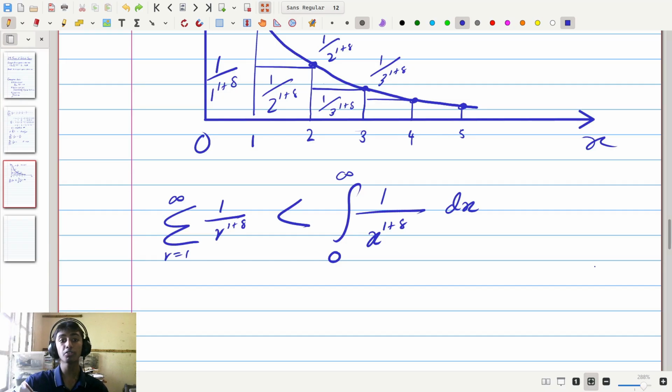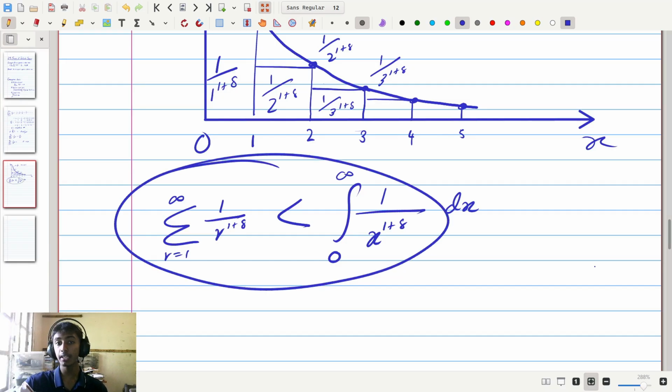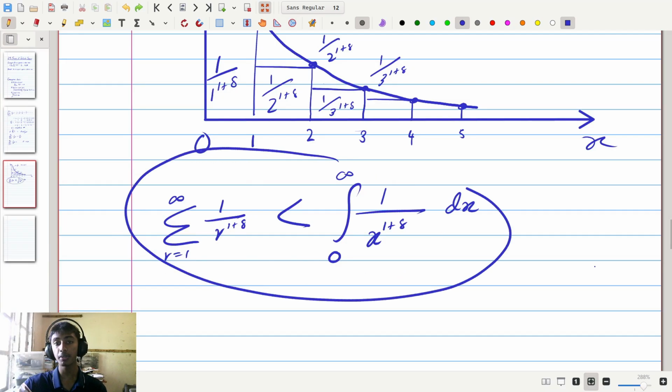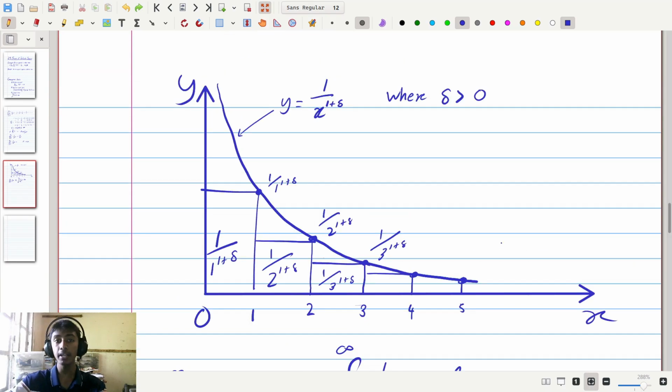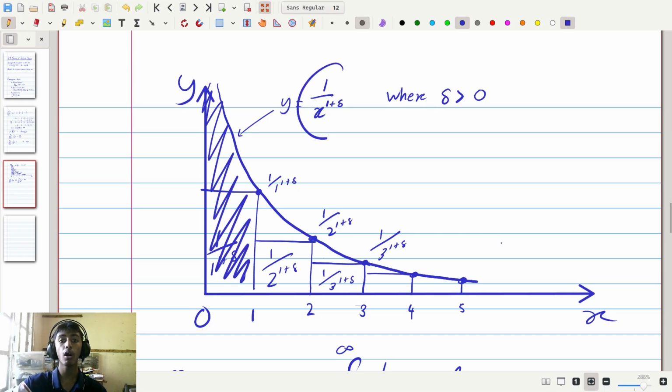At this point, for us to prove that this thing on the left is finite, we're going to have to make one small adjustment to this inequality. The small adjustment is to ignore the area from 0 to 1 of both the graph and the sum. The reason we're doing this is that the area under the curve from 0 up to 1, as in the integral from 0 to 1 of 1 divided by x to the power of 1 plus delta dx, is actually infinite.